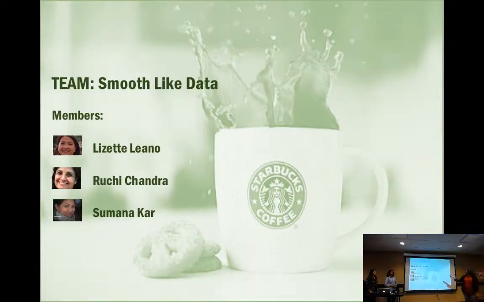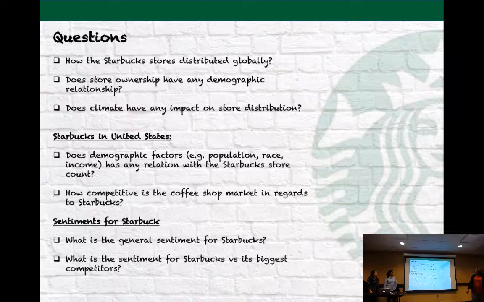So Lizette, Ruchi, and myself, Sumana, we formed the team Smooth Like Data. The questions that we have from the Starbucks data were: how are the Starbucks stores distributed globally? Do they have any climatic impact, like more stores in a certain climate or not?